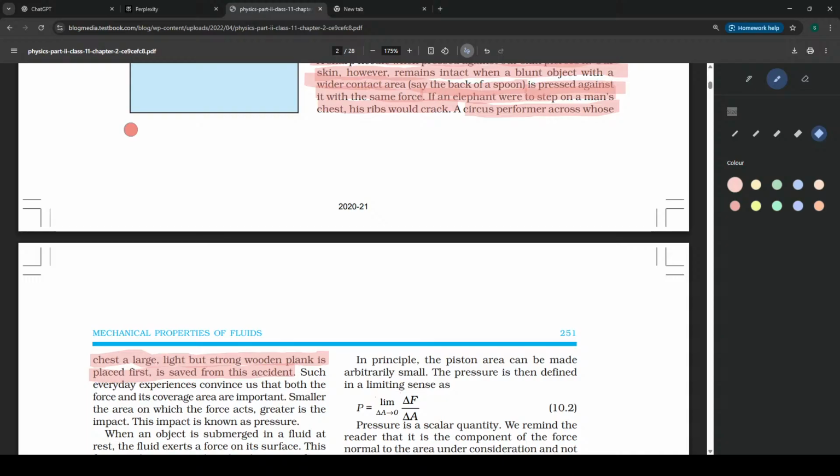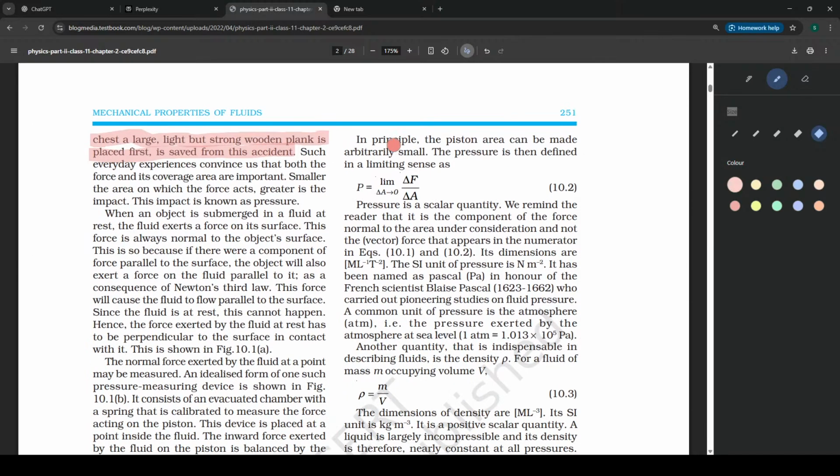But in circus, some people perform the same feat where an elephant steps on their chest, and their ribs won't crack, because they place a large, light, and strong wooden plank over their chest before the elephant steps on them. And he is saved from the accident.